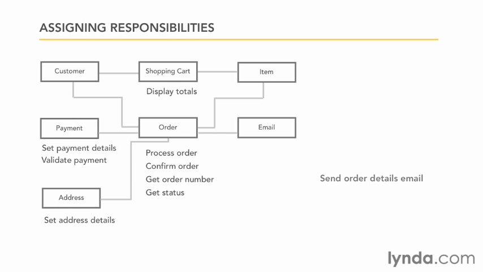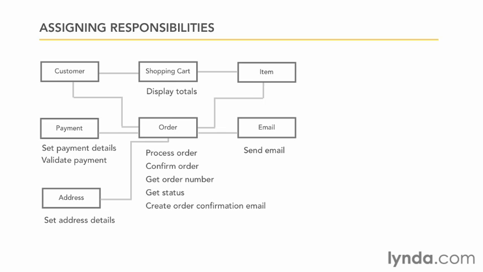I'll give the order object the responsibility to construct the message, and the email object's responsibility is to send itself correctly. Now, you're probably starting to see that even this partial model could have been arranged in several different ways, and that's absolutely true. There are always multiple successful ways to implement even the simplest of ideas in object orientation.